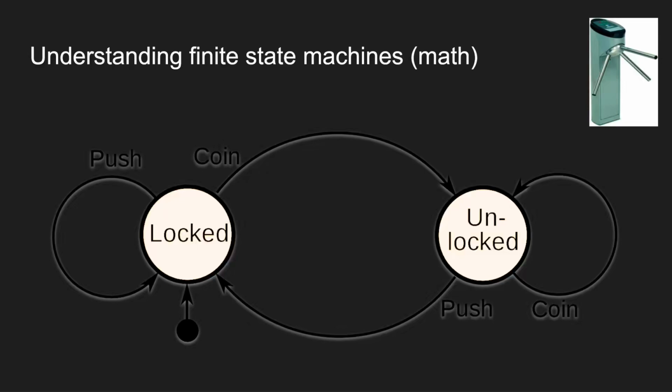Otherwise, you push through the unlocked state back to the locked state, where you can push it again after putting a coin in and entering the unlocked state. So this is a very simplistic way of how a coin, an unlocked state, and a locked state work together in order to transition the user, the person going through, into different states.